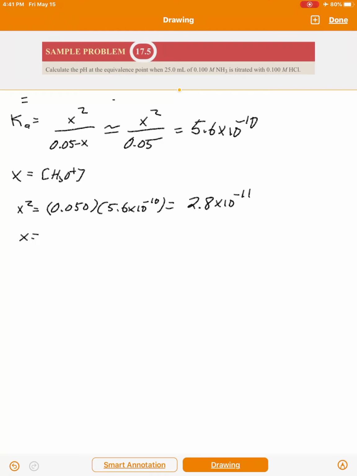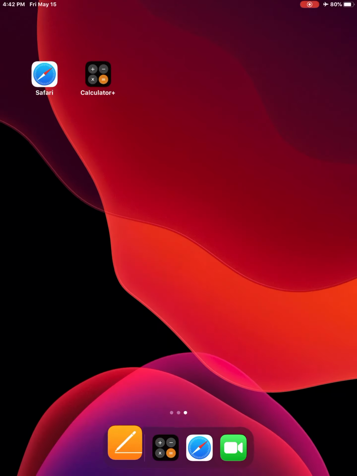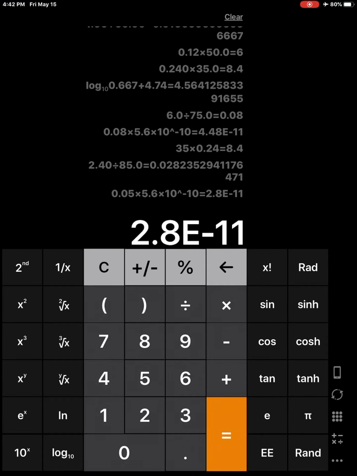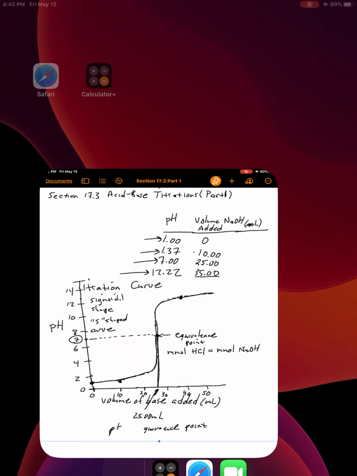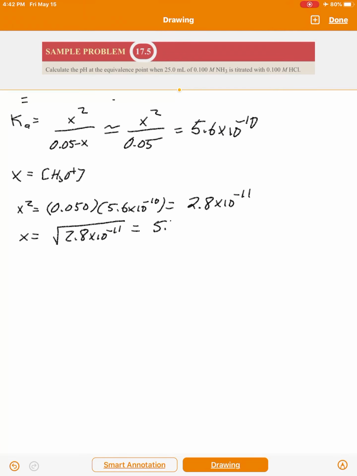So x is the square root of that, 5.29 times 10 to the minus 6. pH is the negative log of that.